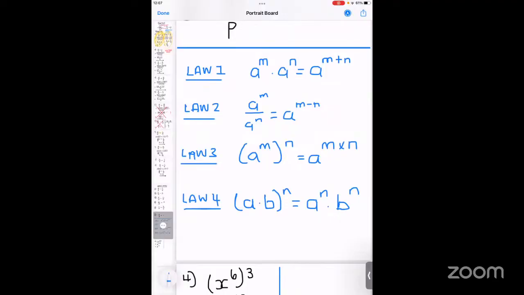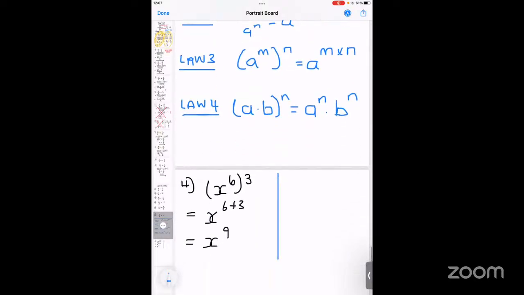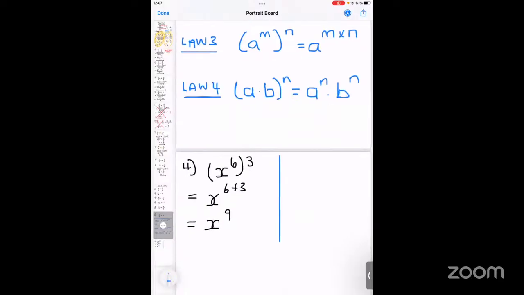So law 4, how does it work? How are you supposed to apply law 4 on that question? So we just put the exponent onto the value inside the brackets.